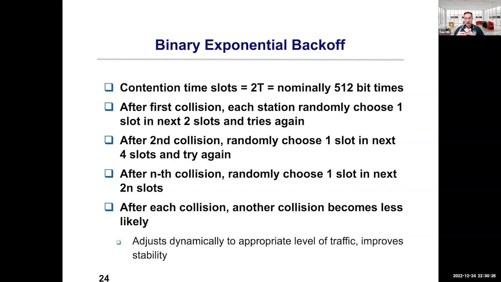You try pretty quickly, but if a collision occurs again, then try the next 4 slots. So you wait a little longer, right? Then it becomes longer and longer if continual congestion occurs. Basically, delay occurs. Okay.